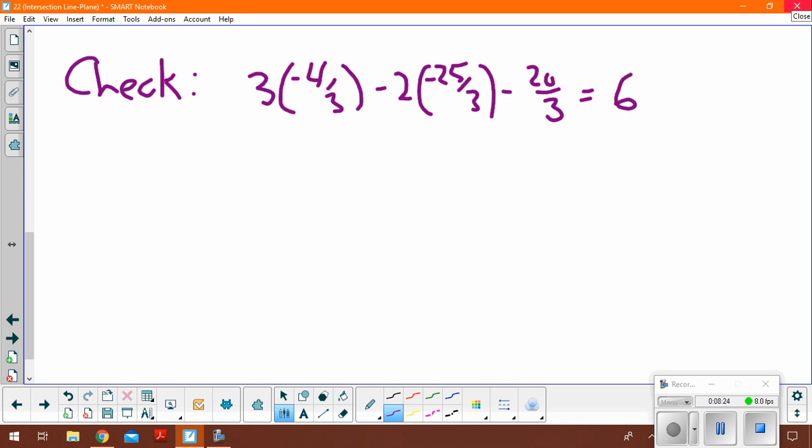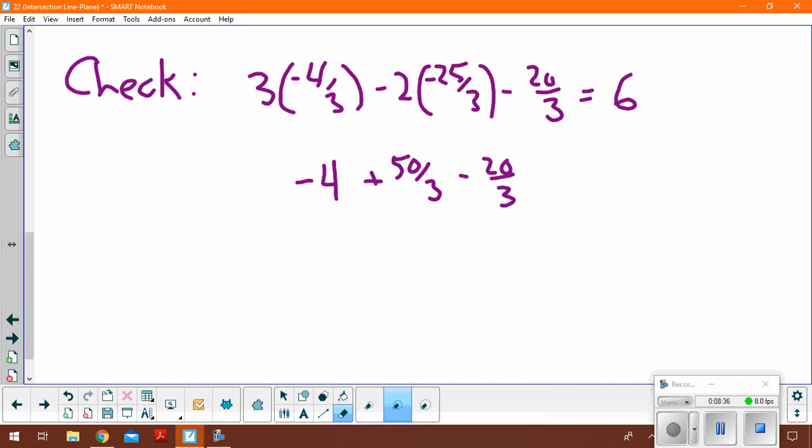So I'm really hoping this works out. First term is minus 4. Then I'm going to have plus 50/3 minus 20/3. And actually, I should probably just put that back as a fraction because it's all in thirds anyway. So negative 12/3. That's supposed to equal 6.